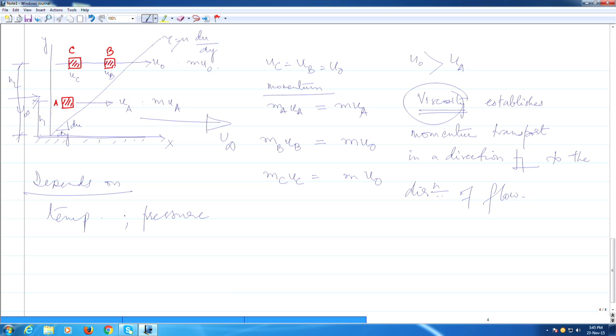The temperature dependence is quite dominant.